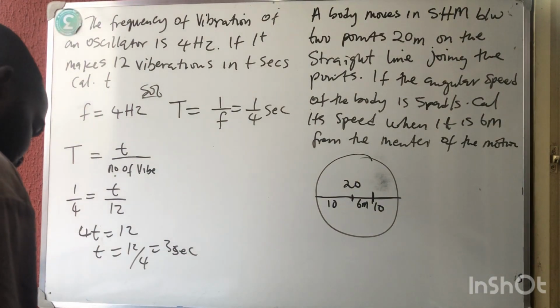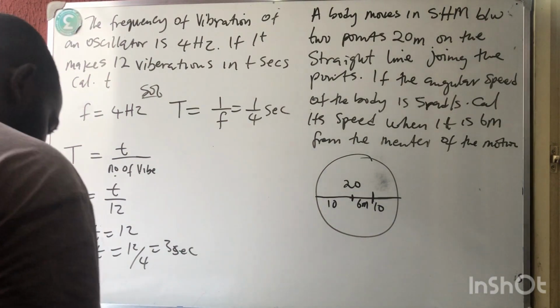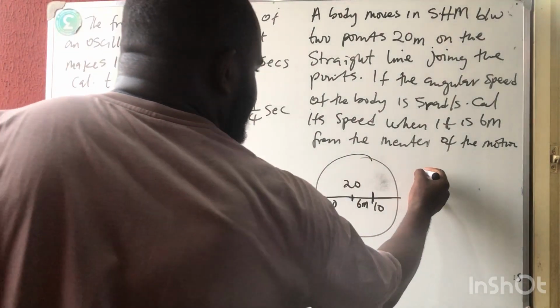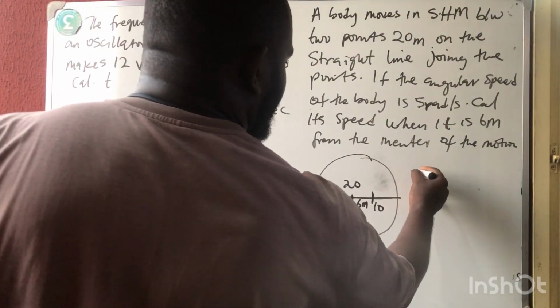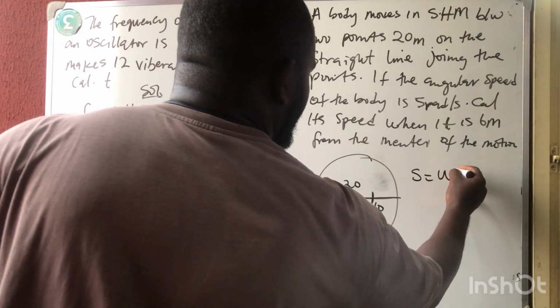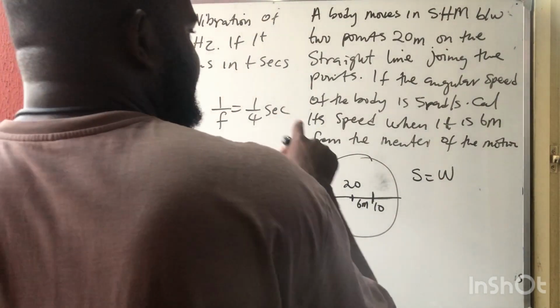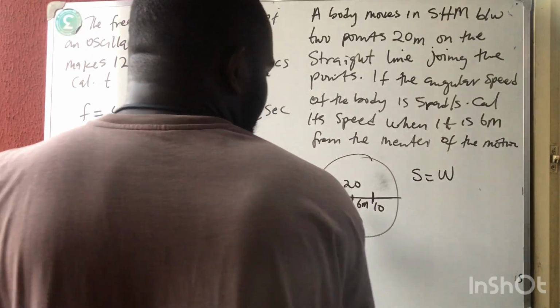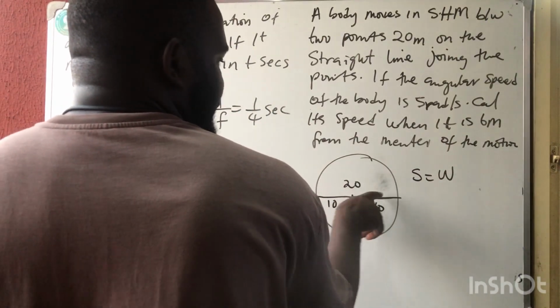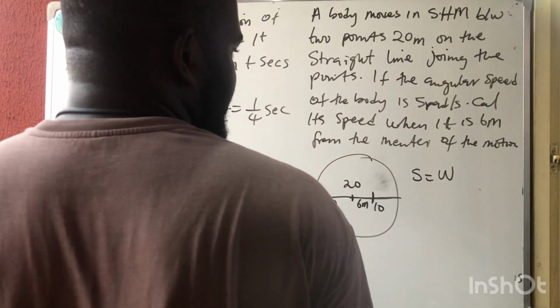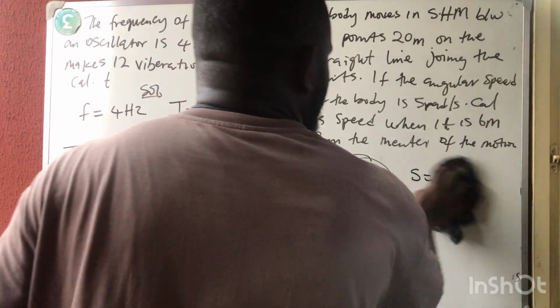So the next thing we should calculate is the speed. Calculate the speed when it is 6 meters away. So the speed at x is what we want to calculate. Speed is velocity.